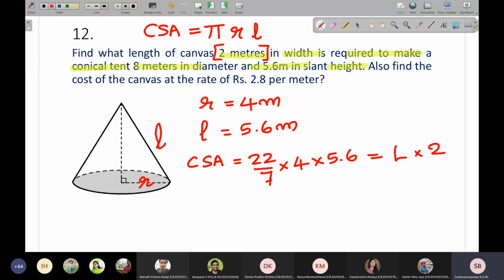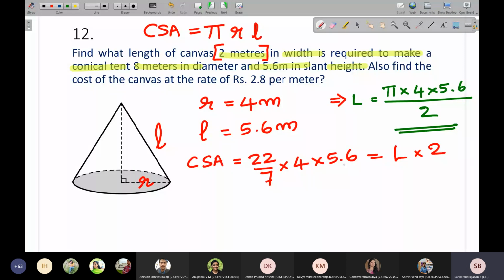Now from this calculation, I can get the value for L. L comes to pi into 4 into 5.6 whole divided by 2. That's what we have to do.